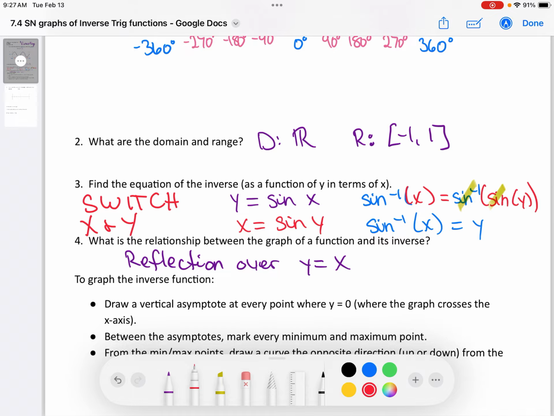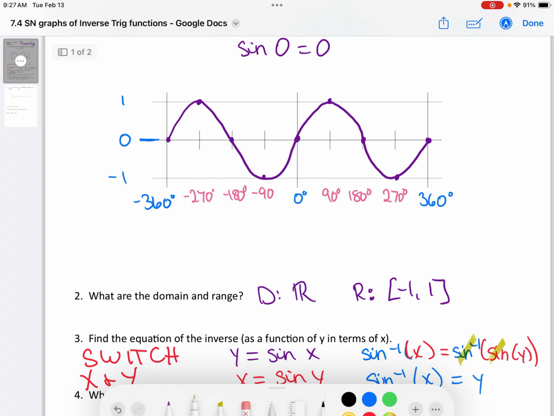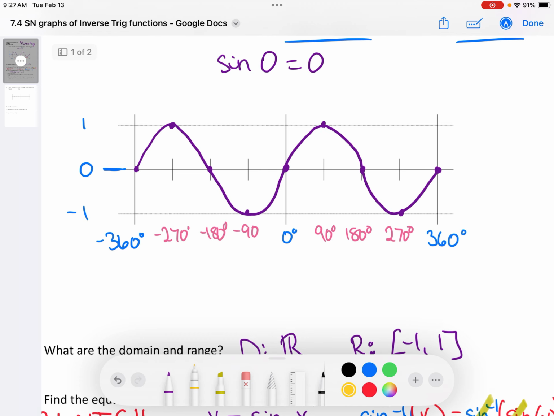Now, to graph this on a trig function, the line y equals x would be a very, very steep looking line because our x-axis is so much more compressed than the y-axis. The y-axis only goes from negative 1 to 1.